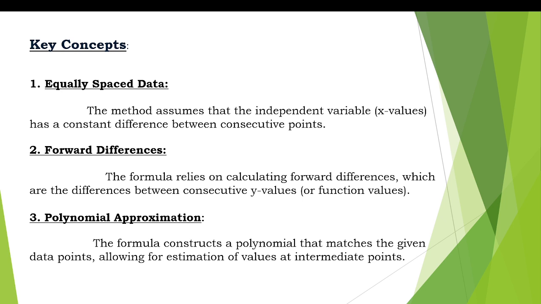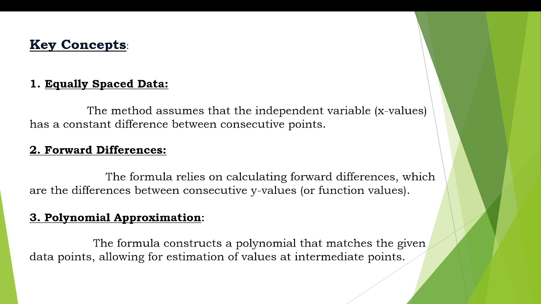Okay, here I have written some key concepts. The first is equally spaced data. The method assumes that the independent variable, say x values, has a constant difference between consecutive points. Number two is forward differences.